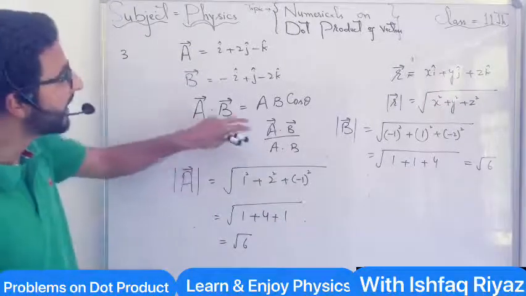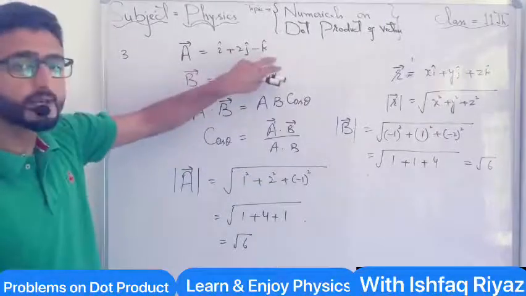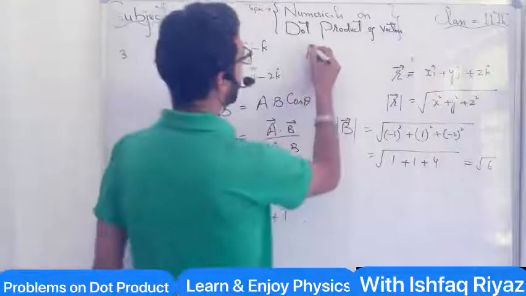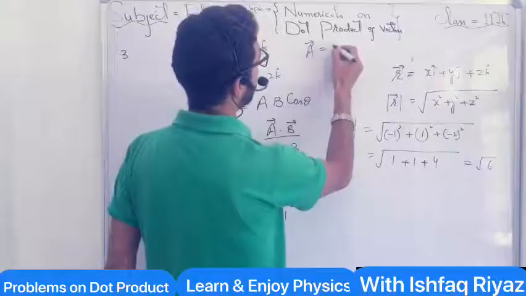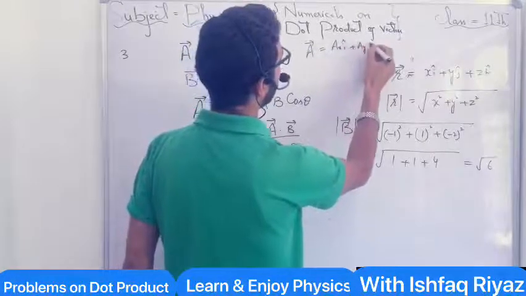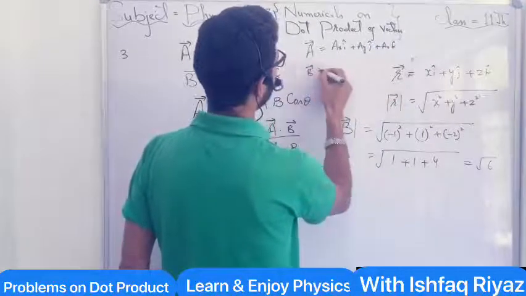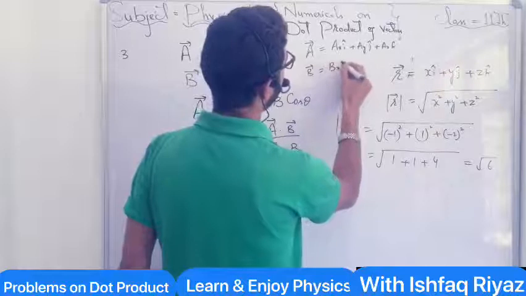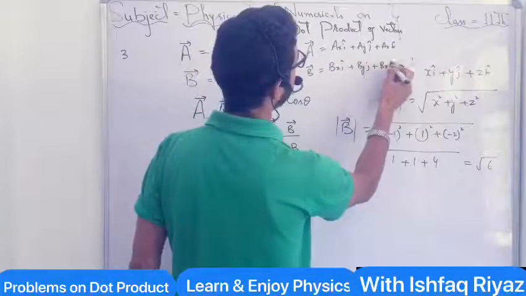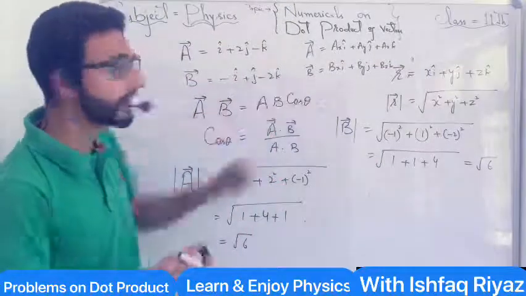If you remember well, when we have the vectors A and B given in terms of their components, for example vector A is AXi plus AYj plus AZk, and vector B is given by BXi plus BYj plus BZk, and if we are supposed to calculate the dot product, then what do we write?